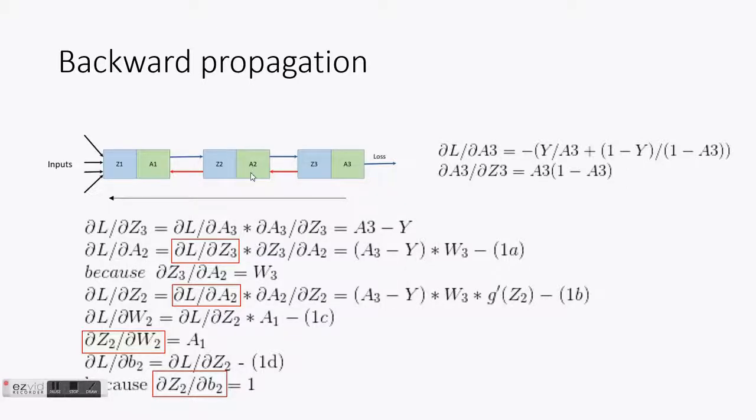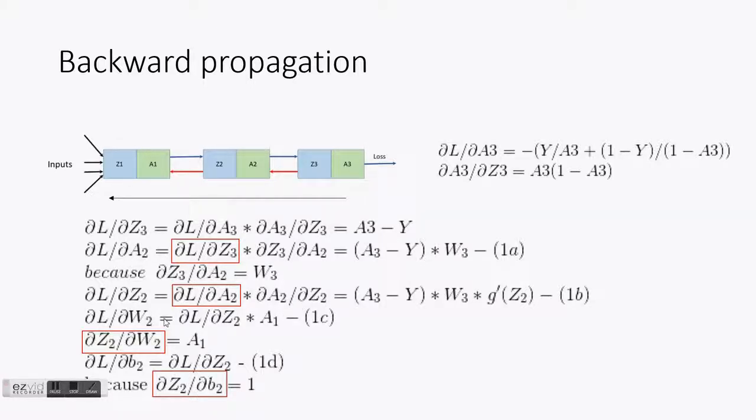And for dou A2 by dou Z2, we have some activation function whose derivative we want to take. Since we want to keep it in a generalized form, we take this derivative as g prime of Z2, where g is the activation function. Next, dou L by dou W2 is dou L by dou Z2 into dou Z2 by dou W2.